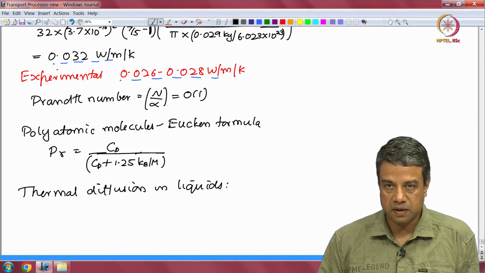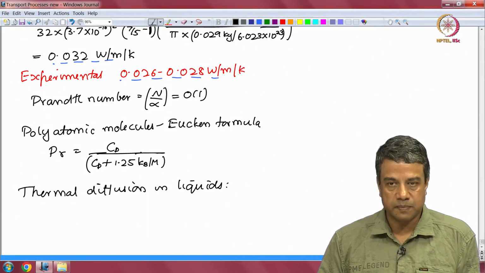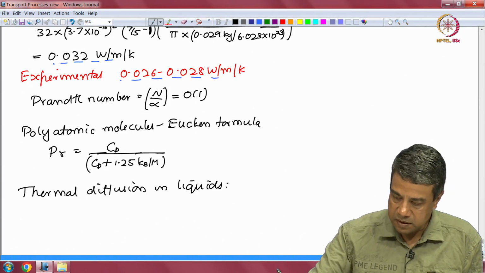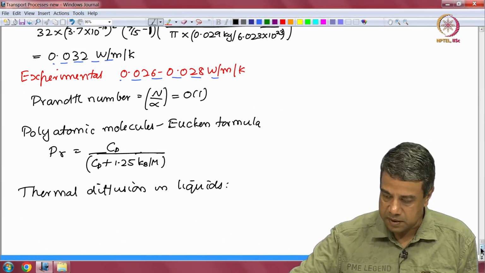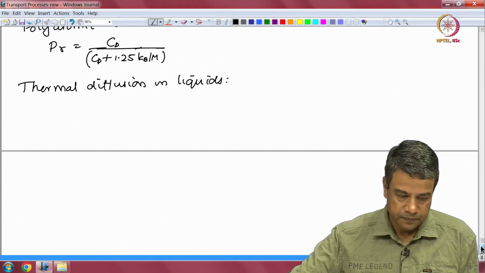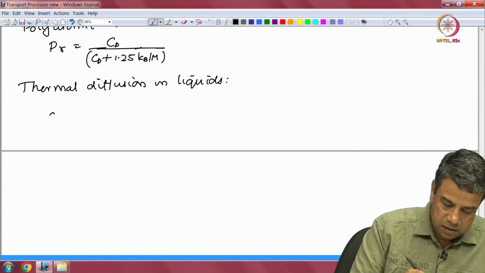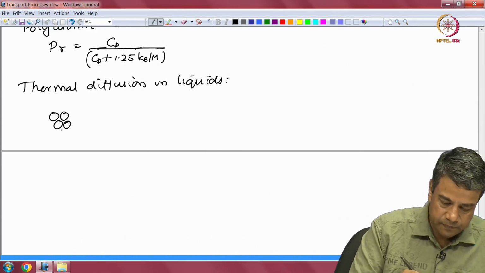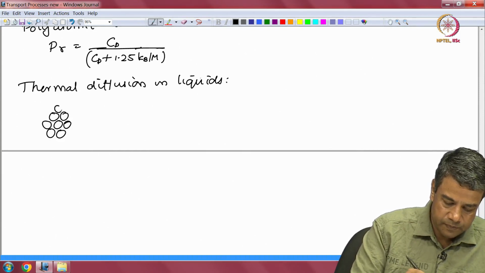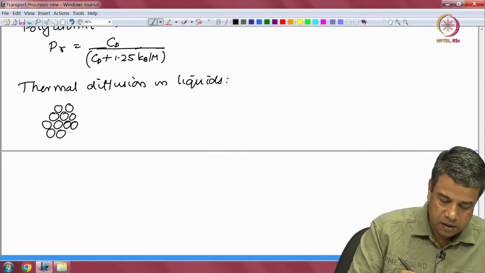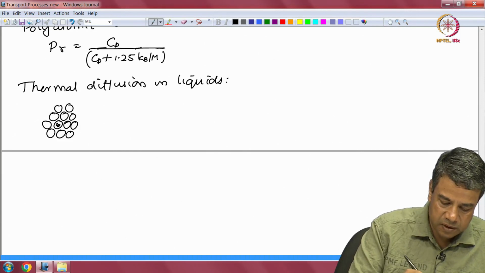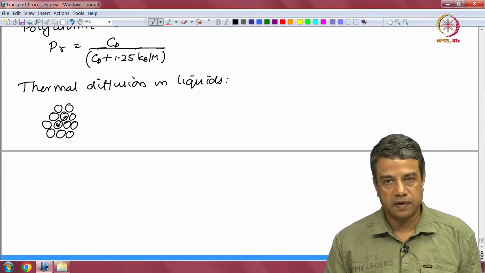energy to be transported, because molecules are all densely packed. Because molecules in a liquid are densely packed, you do not require a physical motion of a molecule for transport of energy.